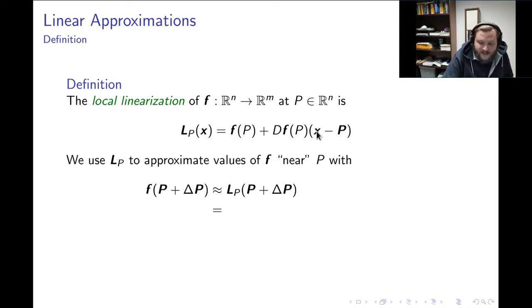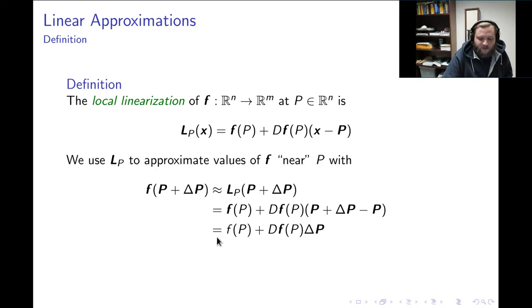The only place that x appears is in this last part where I'm taking x minus P. So I'm now looking at f of P plus df of P times P plus delta P minus P. The key thing here is that the P's cancel as vectors.